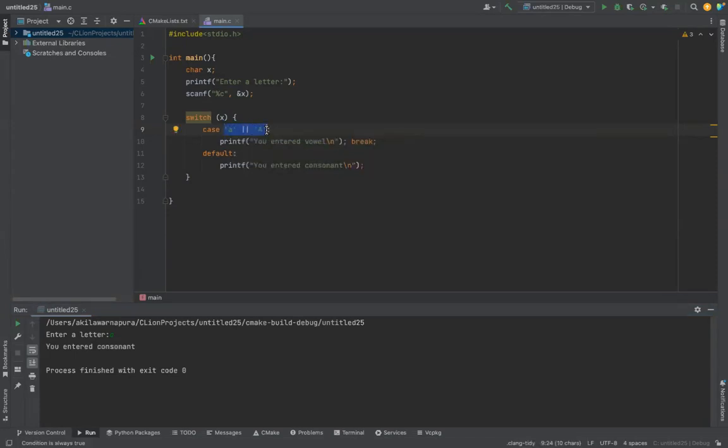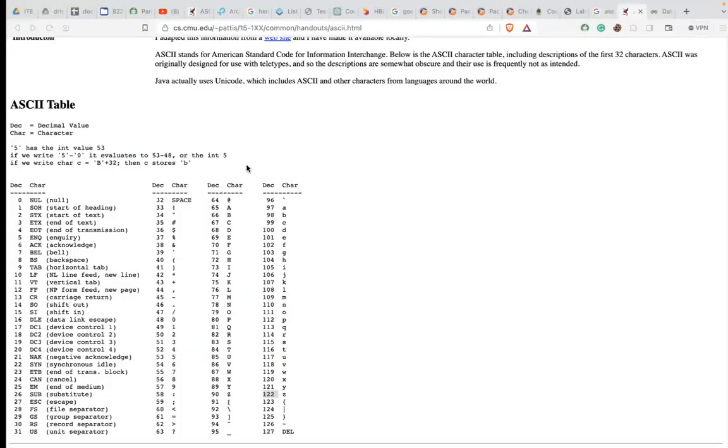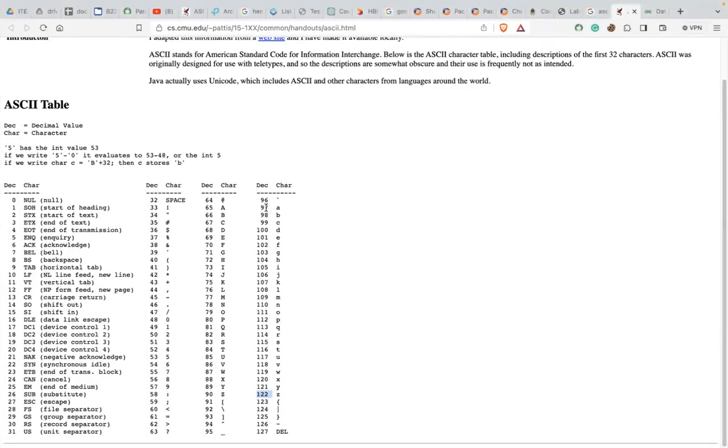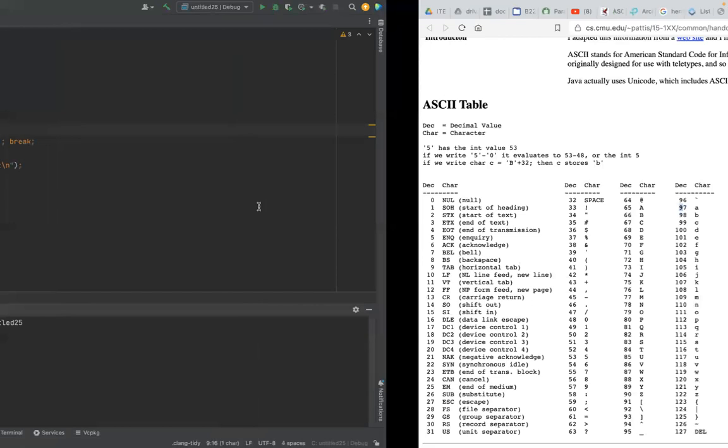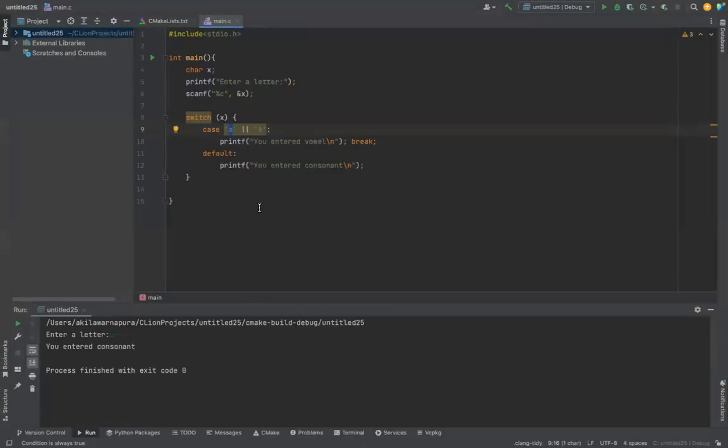No, here actually, suppose that the user enters A. A actually means 97, no? It is 97. Okay, A is 97. Then what happened?